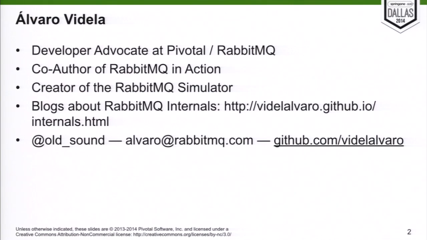The idea of this benchmarking tool is that you can specify in a JSON file how you want to run a benchmark against RabbitMQ: how many consumers, how many producers, what's the ingress and egress rate per second, many more things. You can specify all these scenarios in a JSON file, and the benchmark tool will just load that and run it for you. So that's an example of the things I'm doing on my daily job, let's say. So whatever developer advocate means.